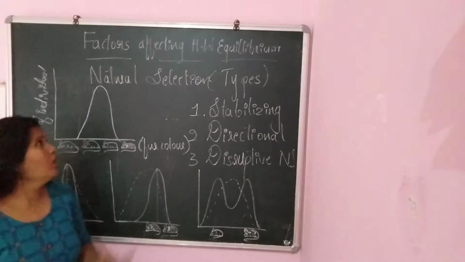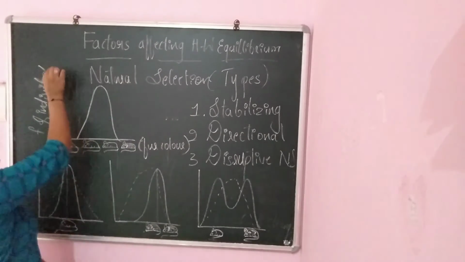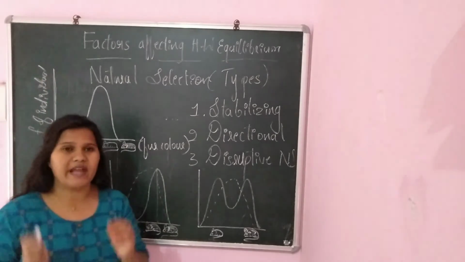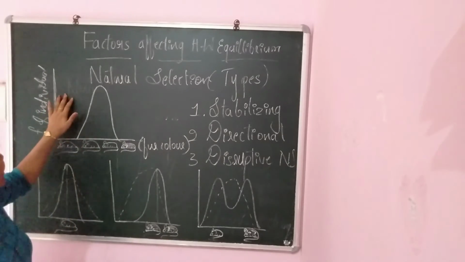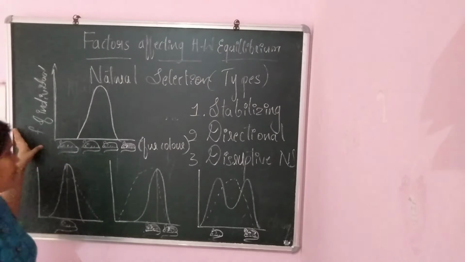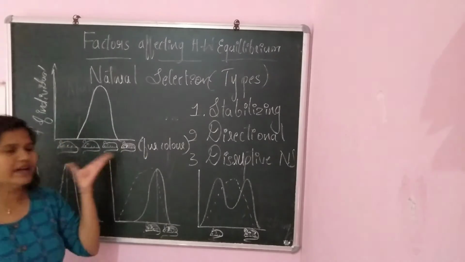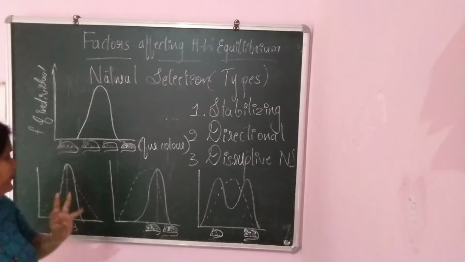See now how the natural selection process will take place. Have a look over here. Through a graph we will try to understand these types of natural selection. Here on the y-axis we'll take the frequency of the individuals, and on the x-axis we'll take the fur color of the rat. Have a look at this graph.